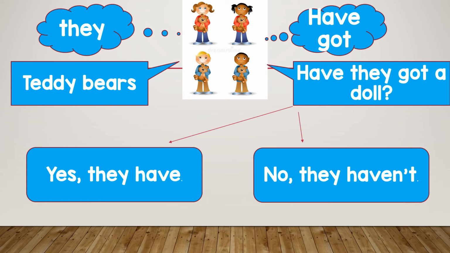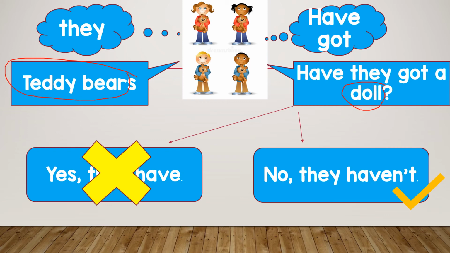Now let's look back at the question. The question asks, have they got a doll? But actually they got a teddy bear. So the answer should be no, they haven't.